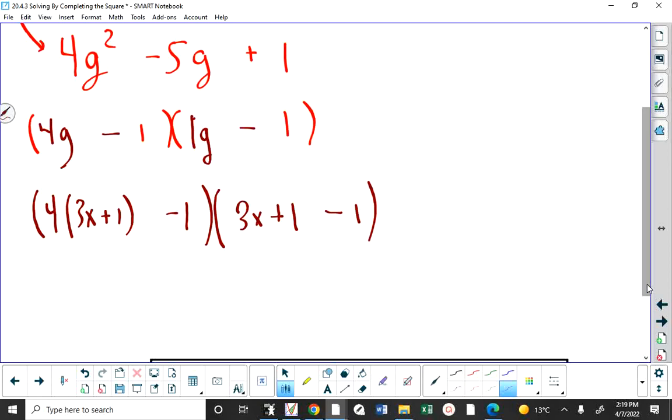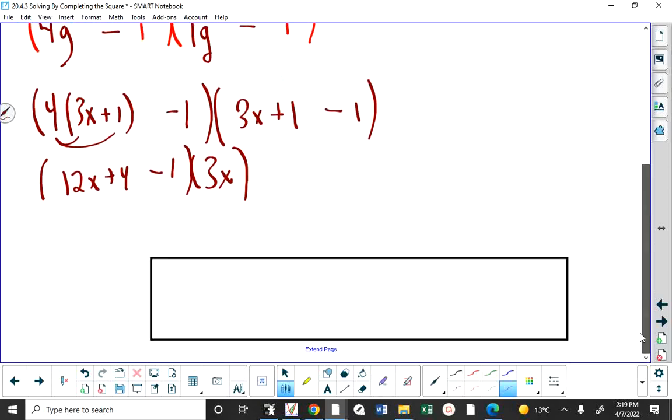And now what we're going to have to do here is simplify what's inside of each of those brackets. So for example, this is 12x plus 4, and we're subtracting 1. This is 3x, because 1 minus 1 is 0. We can simplify that a little bit more.